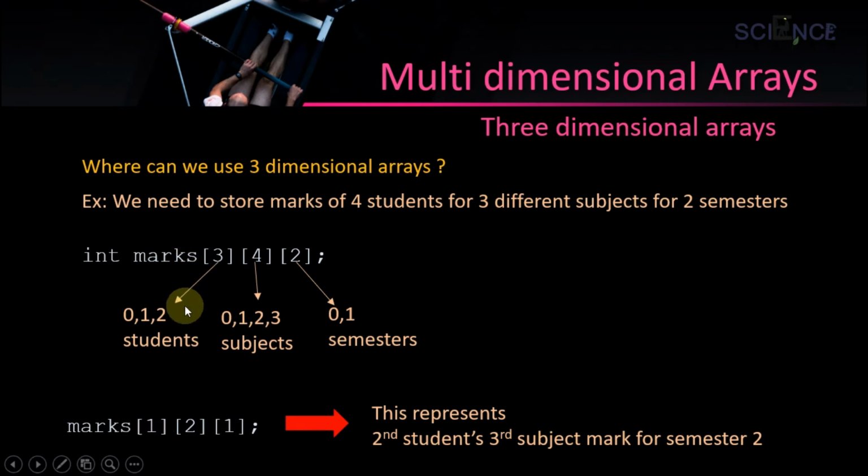Because indexes are less than our number of elements. 1 is less than the number of elements, right? So this 1 will represent the second student, right? This 2 will represent the third subject. This 1 will represent what? Second semester. So what is this variable name representing? It is representing the second student's third subject mark for semester 2, right?